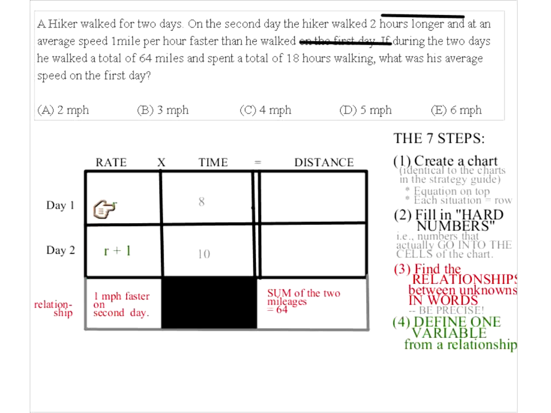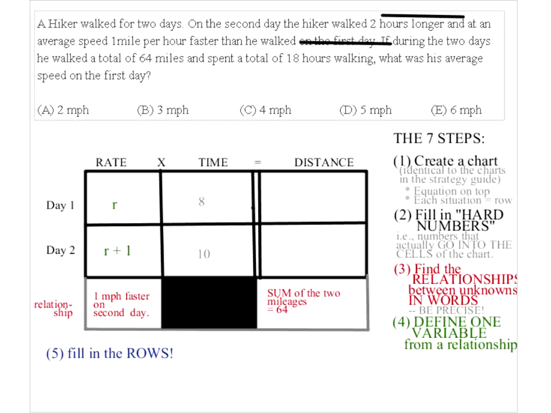Does anybody know what we're going to do next instead of defining a second variable? Yeah, you fill in the rows, right? The whole point, the entire reason this chart exists in the first place, is precisely so that you do not have to define a second variable. That's the whole reason for the existence of this chart.